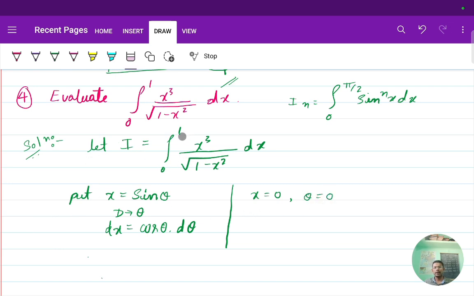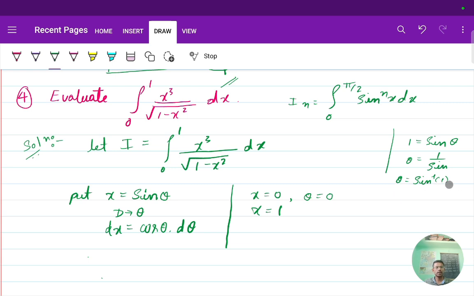Then when x is equal to 1, we have 1 is equal to sine theta, so theta is equal to sine inverse of 1.